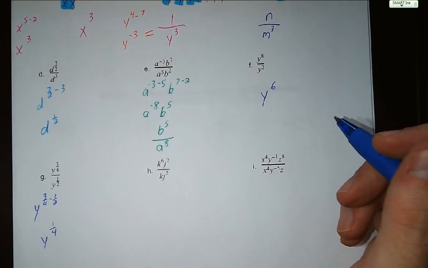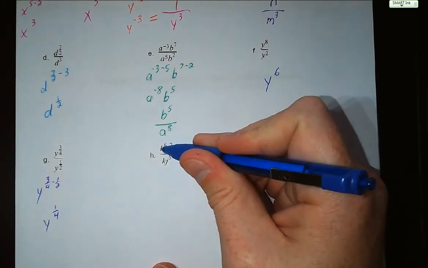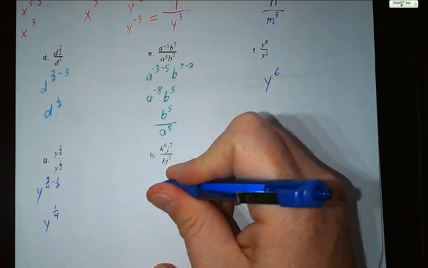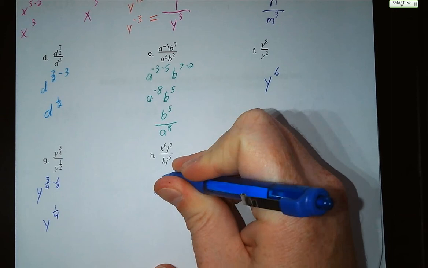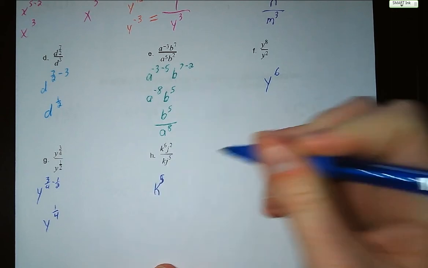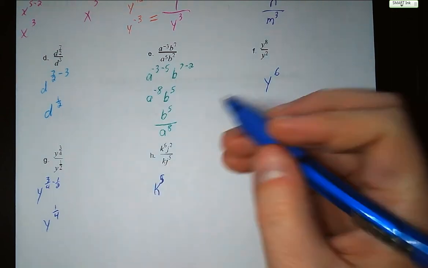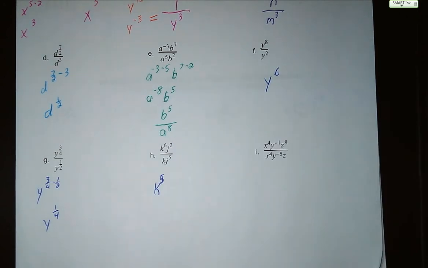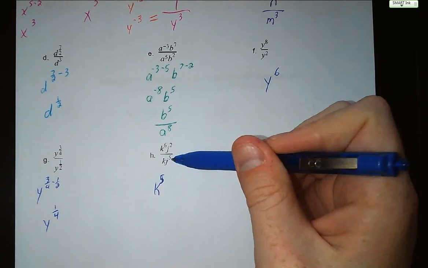Okay, letter H. K to the sixth over k, so we're going to subtract 6 minus 1. So we have k to the fifth power. And we have j squared over j to the fifth. Now, here's a little trick. If we're always going to be subtracting, and I know that the denominator has more j's than the numerator, whatever the variable, I can subtract the numerator from the denominator.